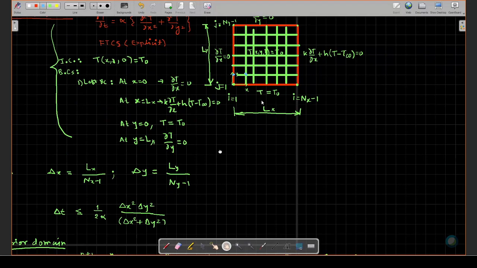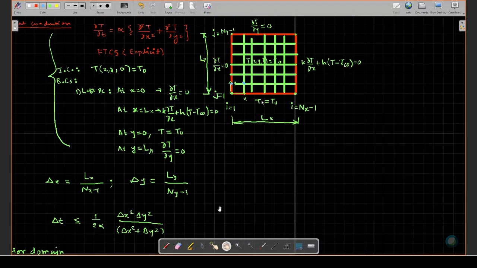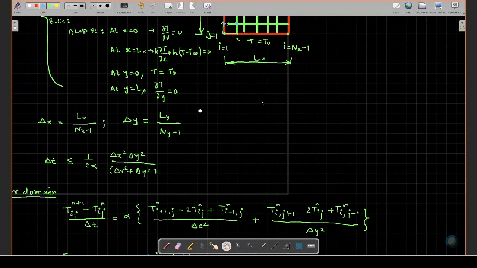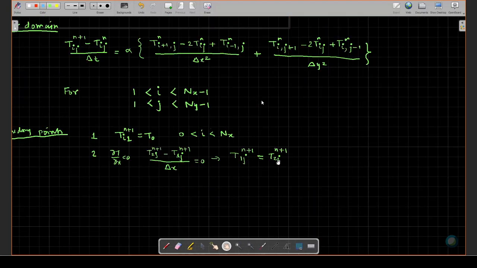Because for all j's we will have to do the same thing: 2 minus 1, 2 minus 1, 2 minus 1, like that. So it has to move for all j. Here we are moving for all j, same condition. Now we'll go for another boundary condition.